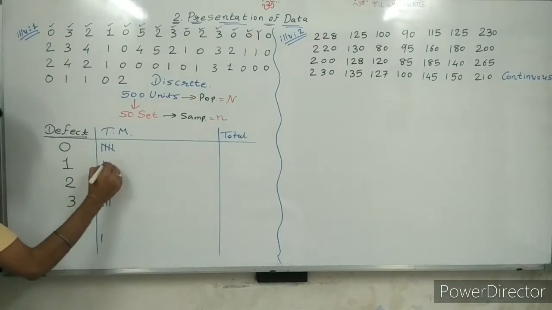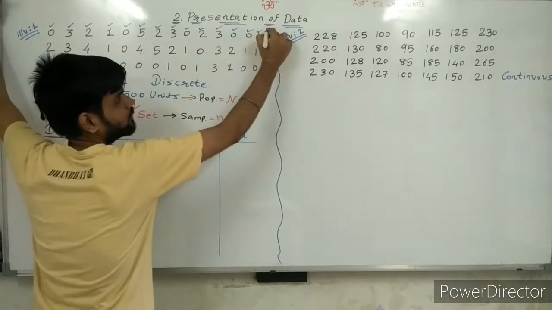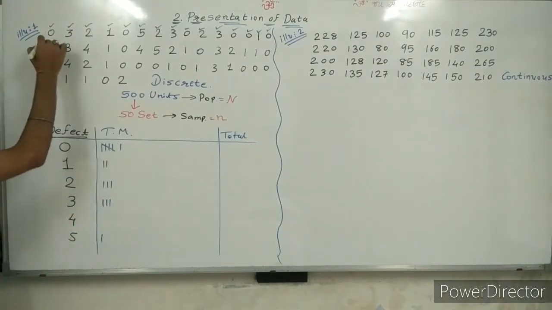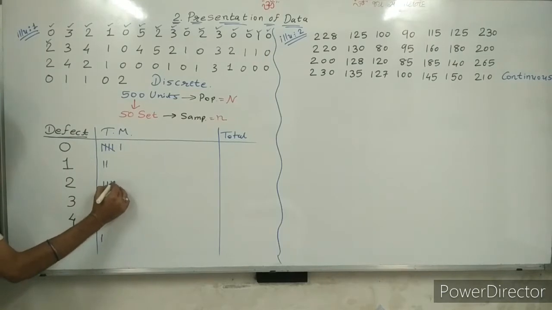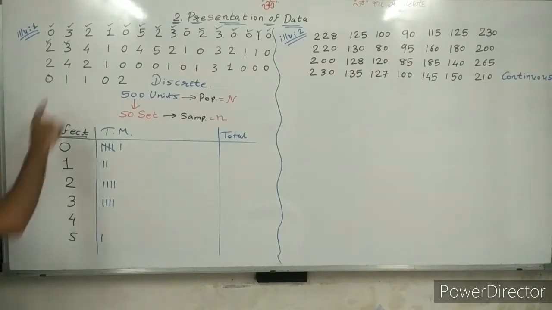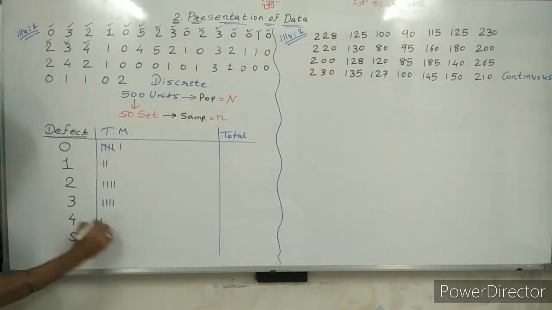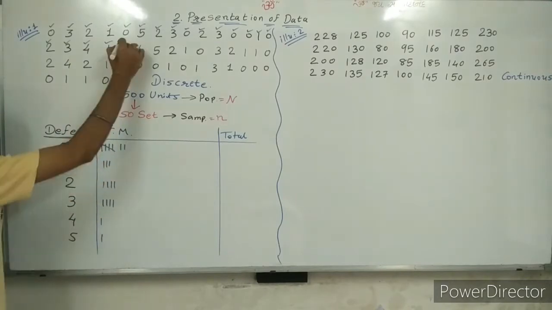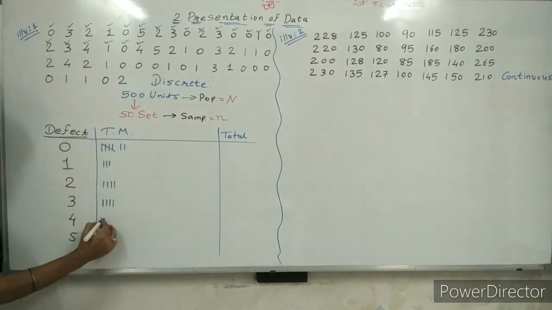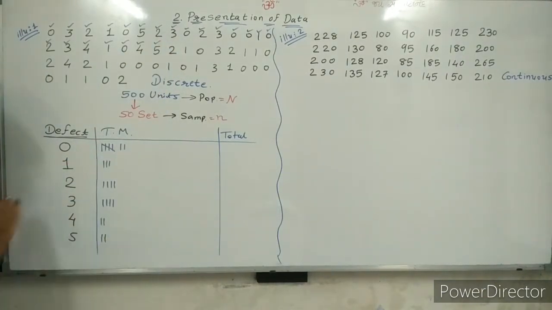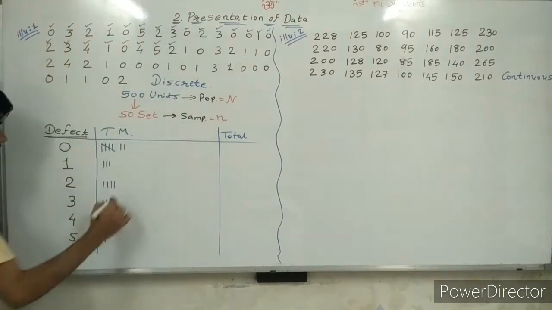1, 0, 2, 3, 4, 1, 0, 4, 5 defects, 2 defects.